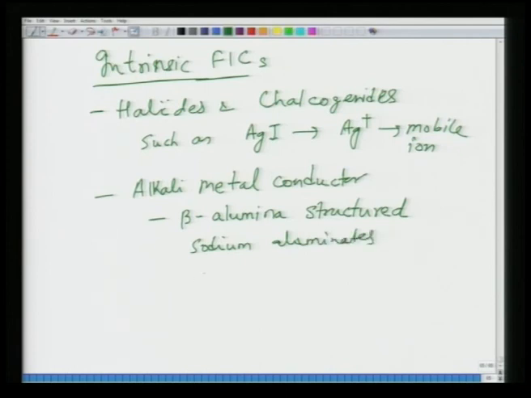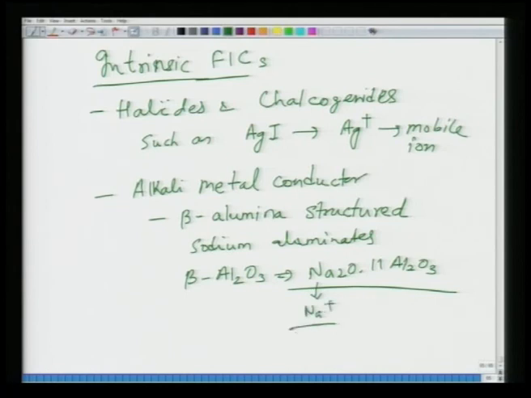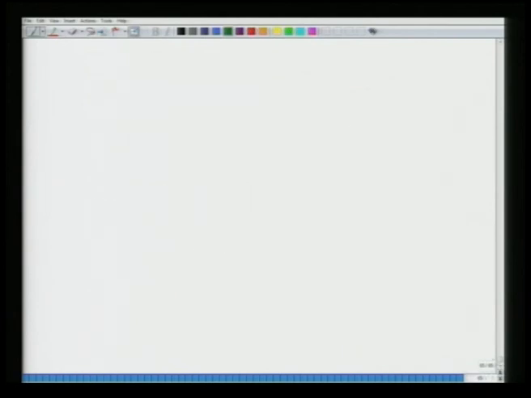So, these are for example beta Al2O3, which is nothing but your Na2O dot 11 Al2O3. Here the mobile ion is Na plus, and many of these sodium ions can move. Monovalent sodium ions are highly mobile because of their smaller size and also the open structure.